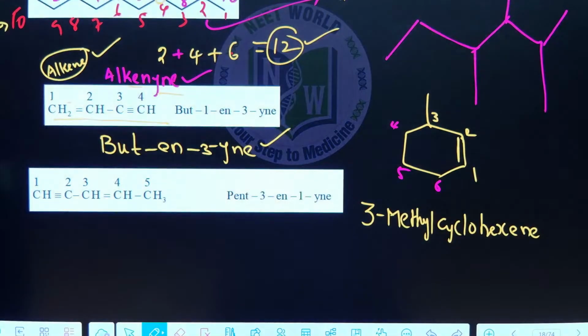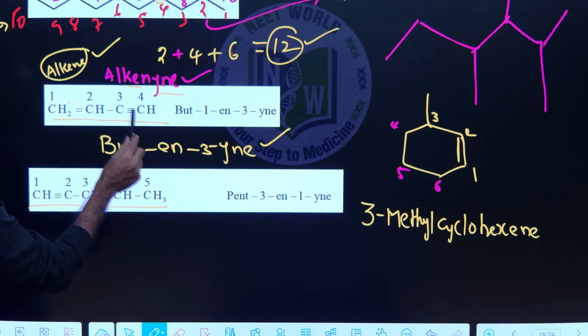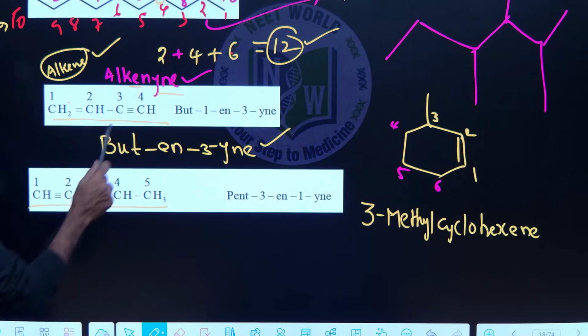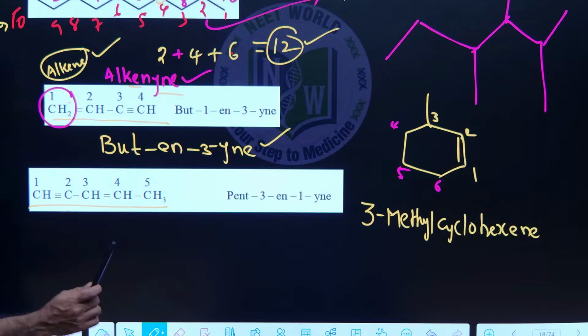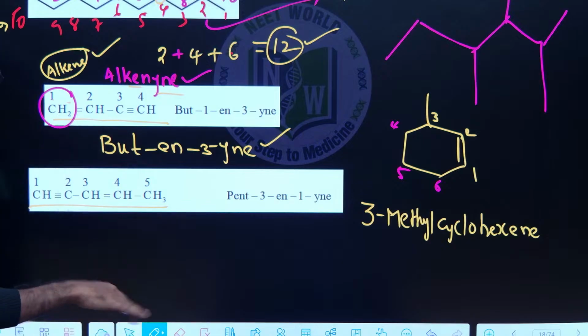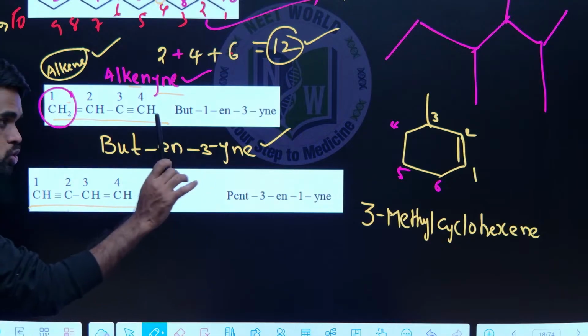Next, what will be the name for this compound? See, what I told you: if the double bond and triple bond are at equivalent positions, you should number from the double bond side. If they are at non-equivalent positions, you should number in such a way that the functional group, whether double bond or triple bond, gets the minimum number.